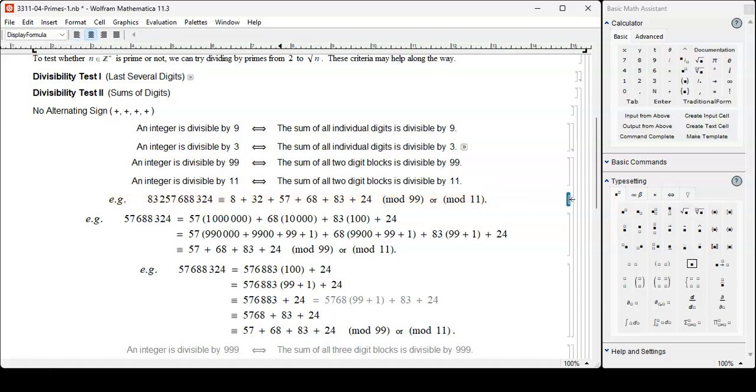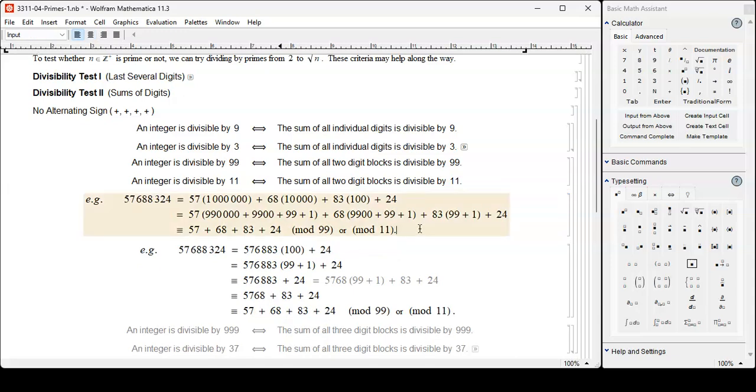The reason, well, one way to do that is this way, which I don't really like very much, but I think this is our textbook's explanation. So 24, and then next 100, next 10,000, next 1 million, in increments of 2 digits, and then rewrite 100 as 99 plus 1.